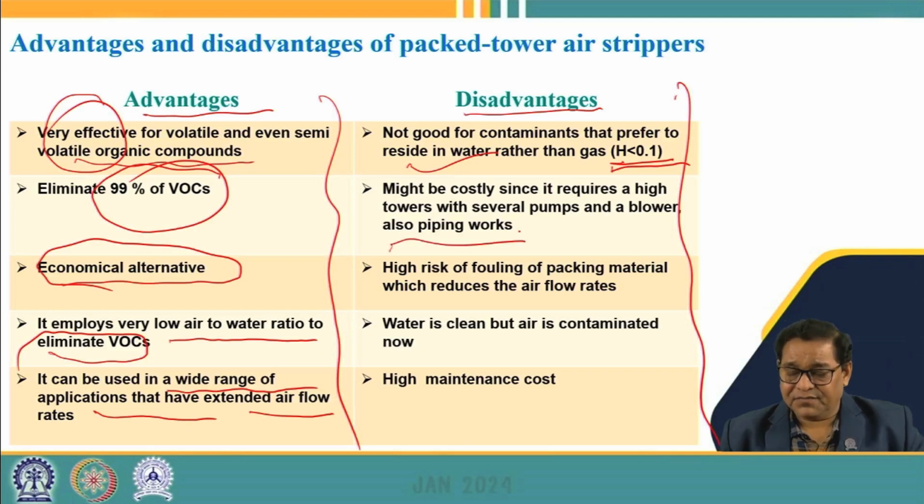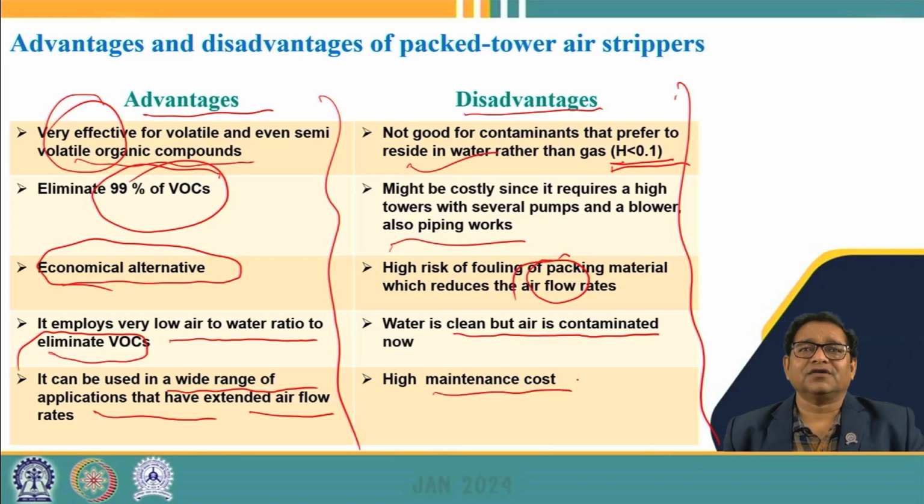Then there is one more practical problem, the fouling of the packing media. Another disadvantage is that we are transferring the pollutant from water to air, so the air gets contaminated, which is a major disadvantage of this process, and it requires high maintenance cost. So these are the advantages and disadvantages of the air stripping towers.